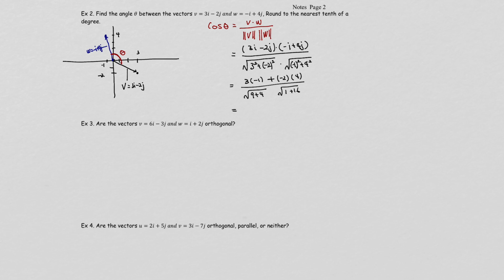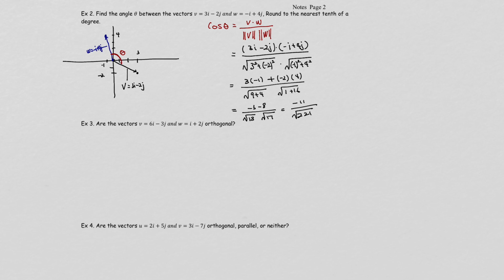So you will end up getting negative 3 minus 8 on the numerator, and the denominator is the square root of 13 times the square root of 17. So this is equal to negative 11 over the square root of 221. So this is going to be cosine theta.